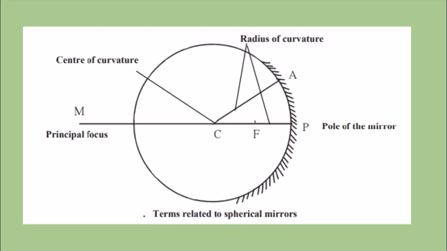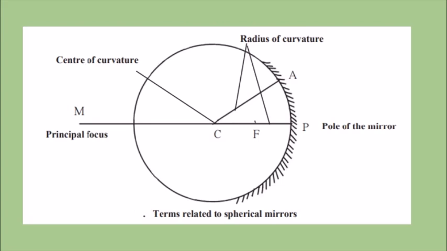So this is about a few terms that we use in spherical mirrors. We learned about the pole, that is P; the center of curvature, that is capital C; the radius of curvature, that is PC or PA; and the principal axis, that is the line passing through the pole and center of curvature, that is PM.